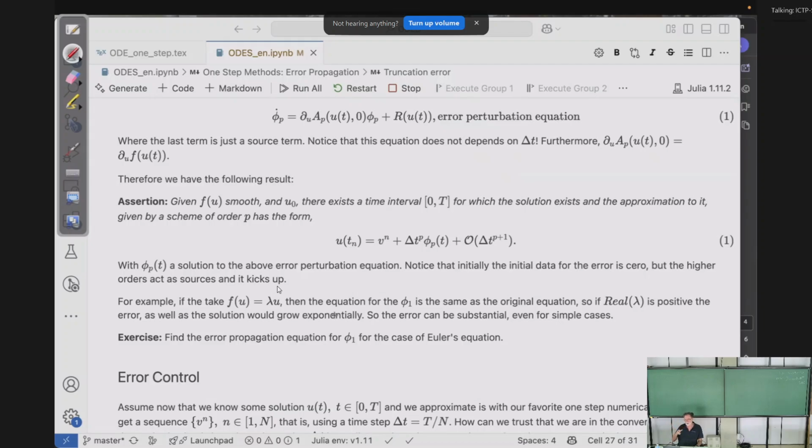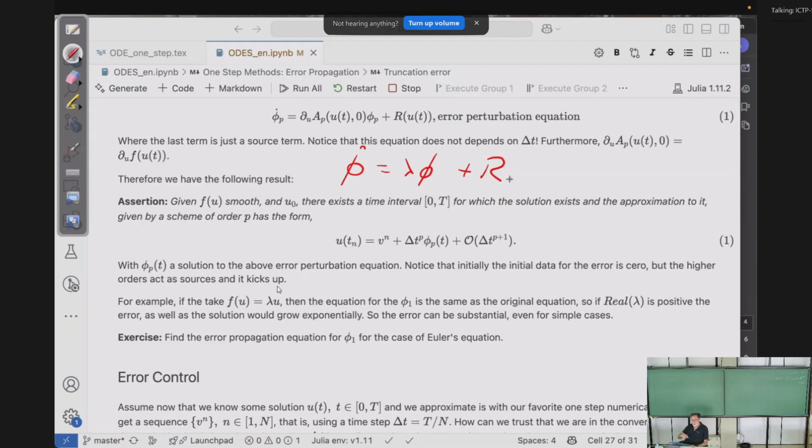So when you have growing things, the error will grow exponentially. For instance, if lambda is bigger than 0, this term I erase. So if phi dot is lambda phi plus r, and lambda is positive, this is going to grow.